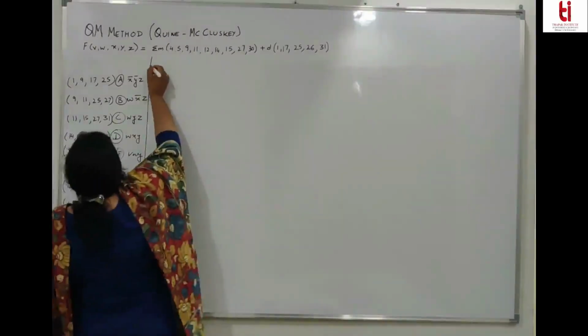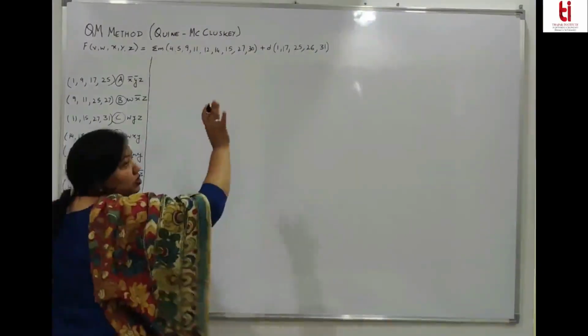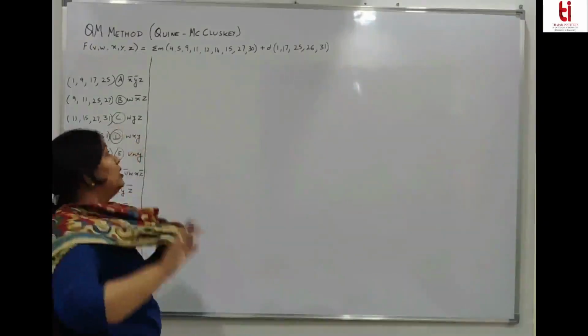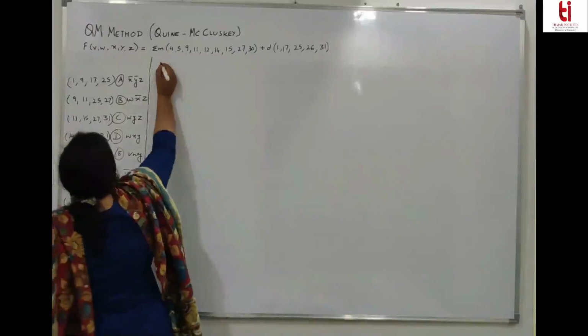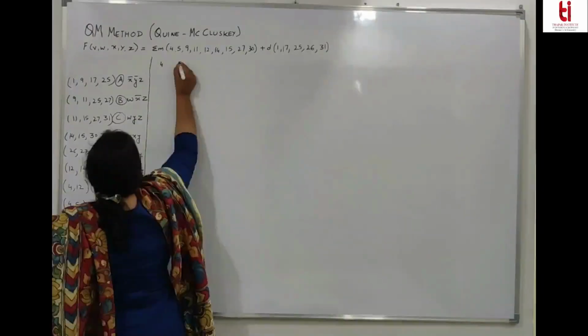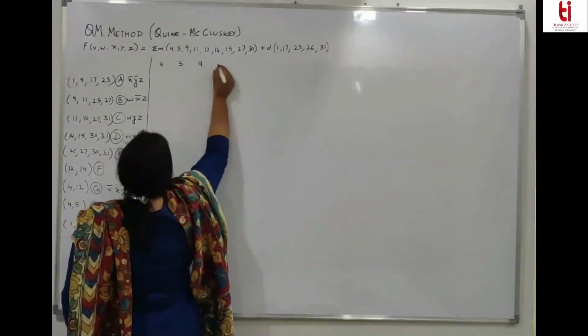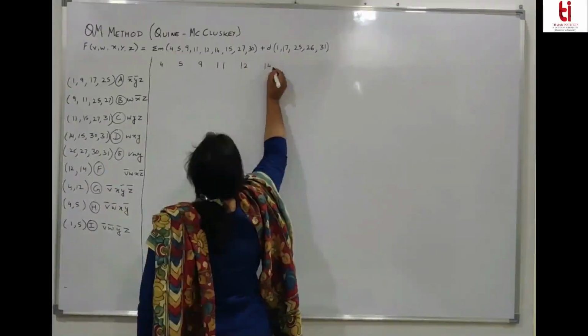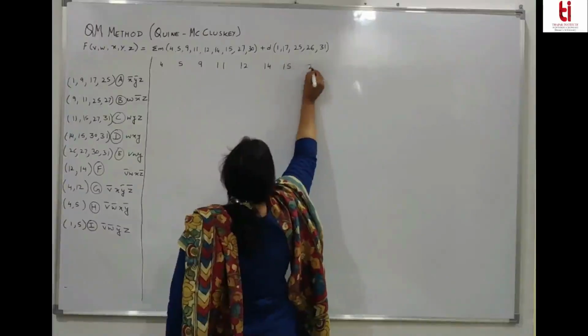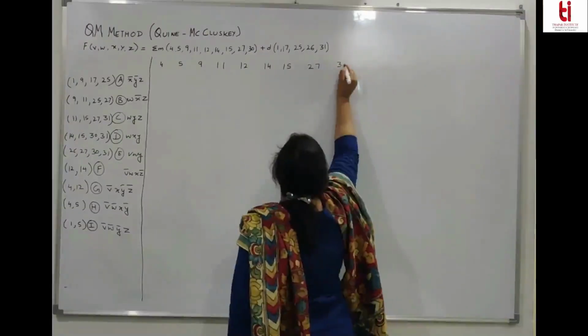We'll list all the minterms horizontally, only minterms, no don't care terms. We'll have 4, 5, 9, 11, 12, 14, 15, 27 and 30.